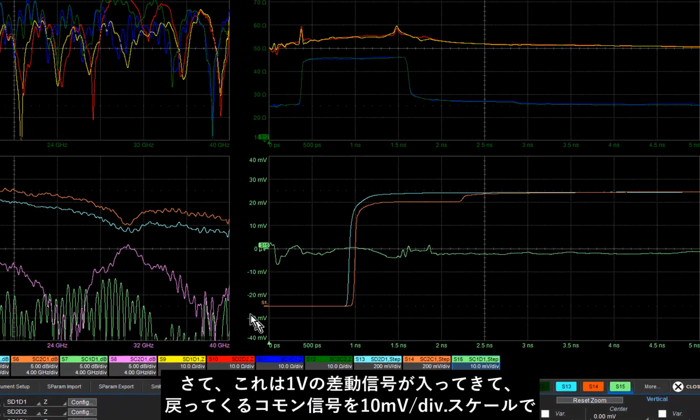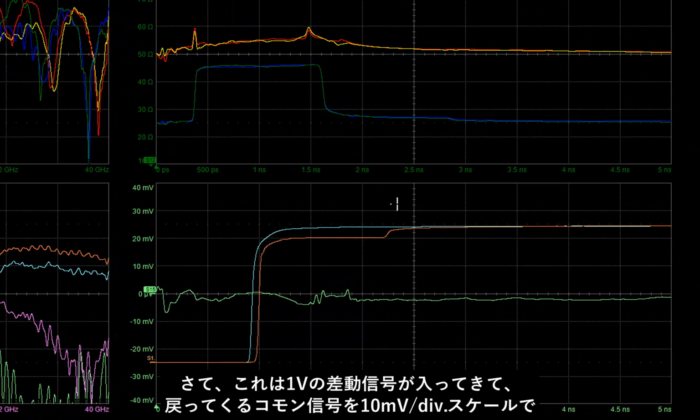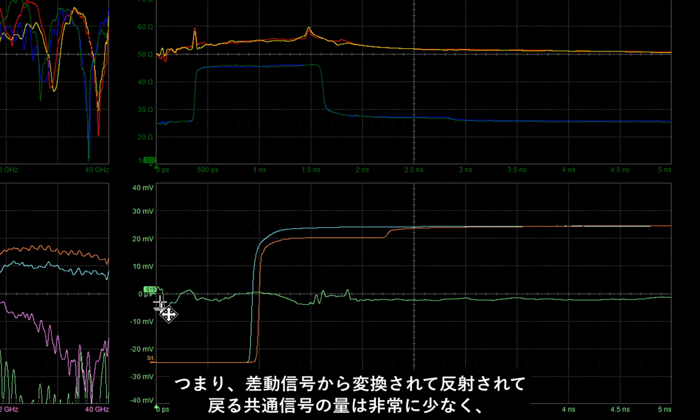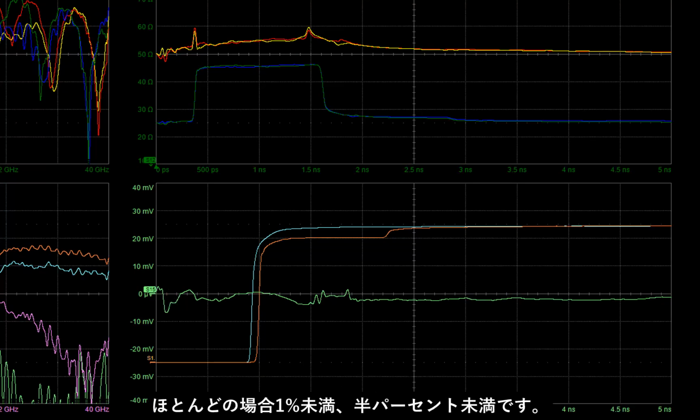Now remember, it's a 1 volt differential signal going in, and we're looking at the common signal coming back on a 10 millivolt per division scale. So that is 1% per division. The amount of common signal that's converted from the differential signal and reflected back is really small, less than 1% and less than 0.5% in most cases.